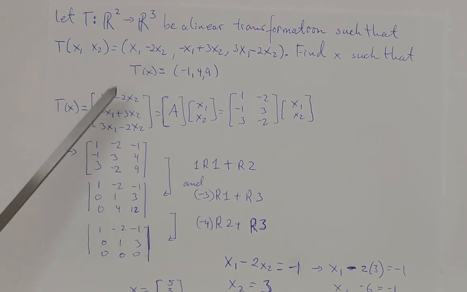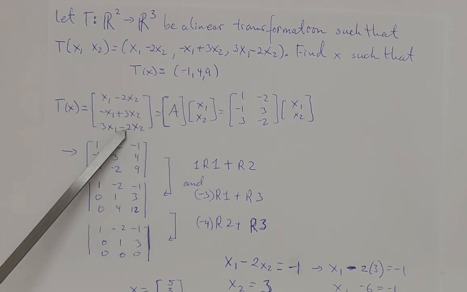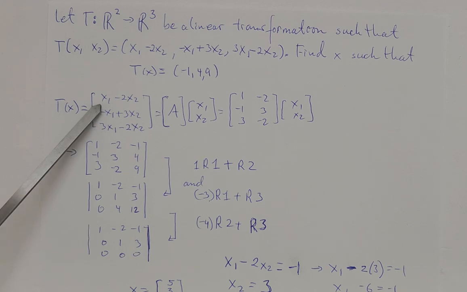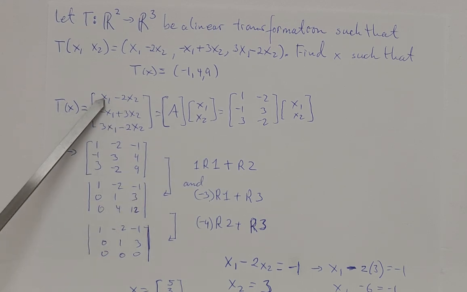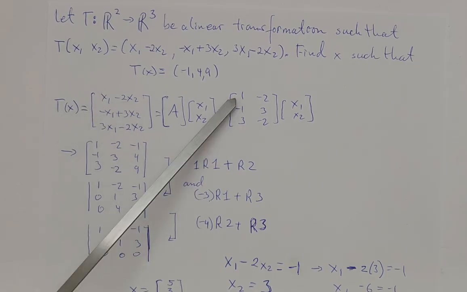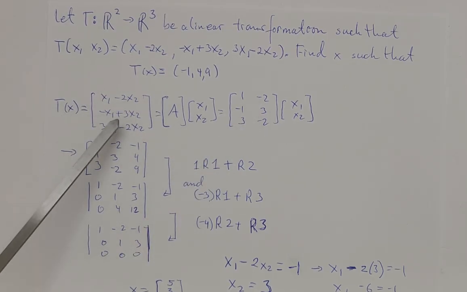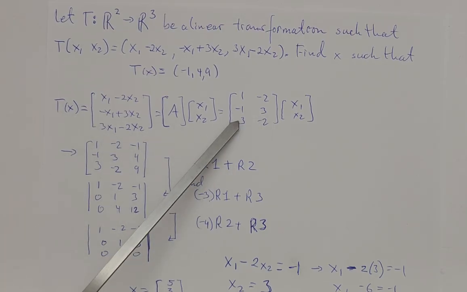I have line 1, line 2, line 3, okay? And we only have two variables, which are x1 and x2. So now we use these coefficients to make matrix A. So I have 1, -2, -1, 3, 3, -2.